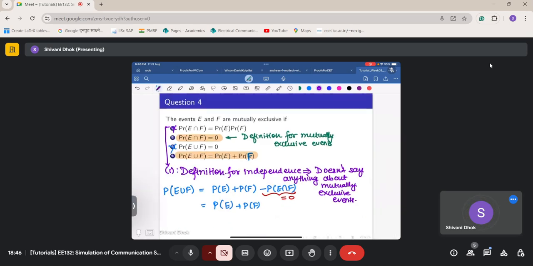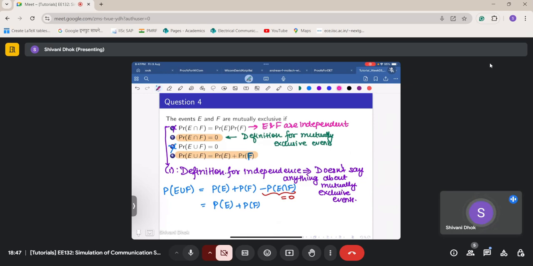So if the probability of the intersection factorizes into the individual probabilities, that is, if probability of E intersection F is equal to probability of E into probability of F, then it simply means that these two events E and F are independent. It has nothing to do with mutually exclusive events.